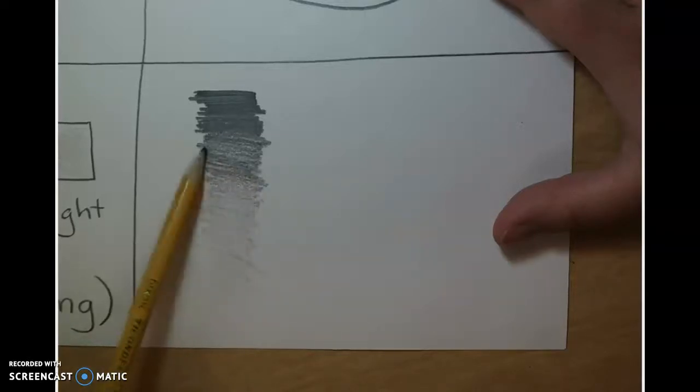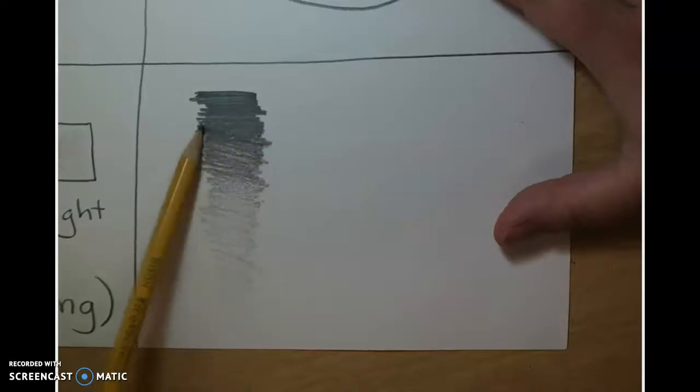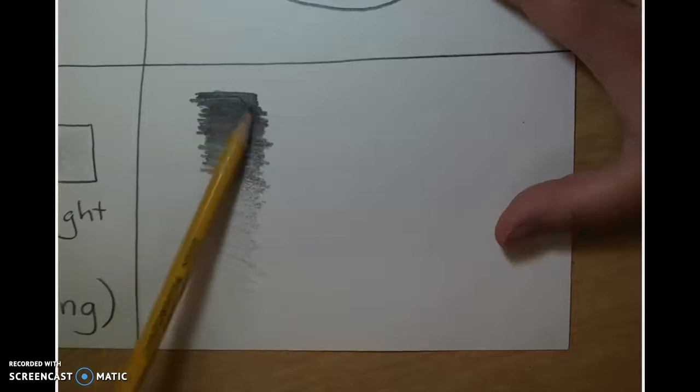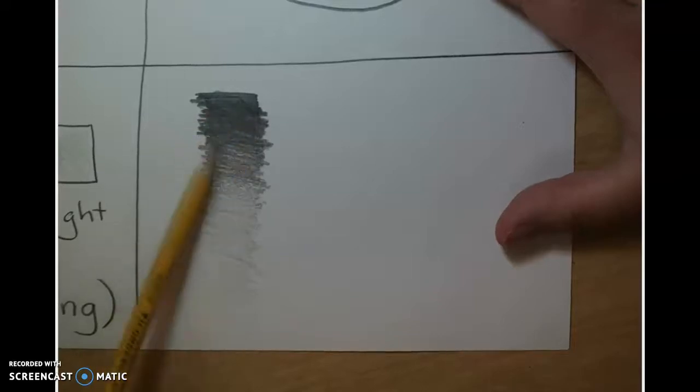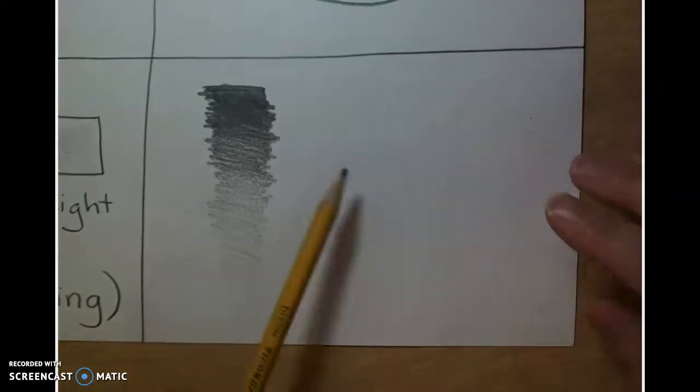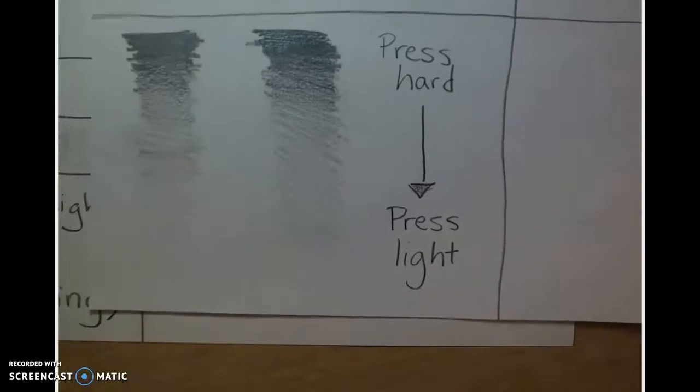Sometimes I go back. It's easier to add value sometimes. Well, all the time. It's easier to add more value than take some of it away. And I want you to try this 2 or 3 times so that it looks like this.